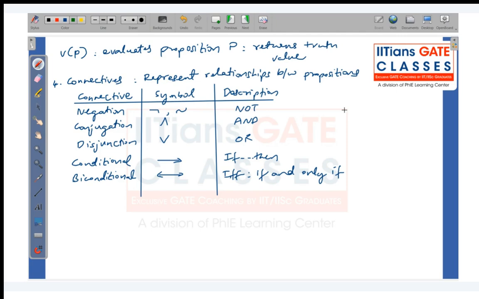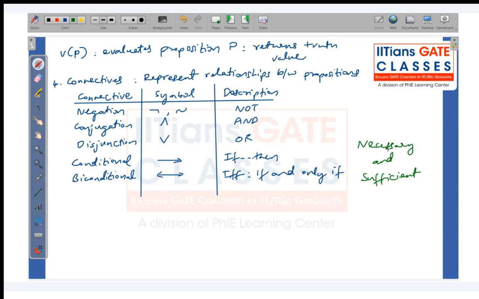One other thing I'd like to mention now. You guys have heard of necessary and sufficient condition? What does this mean?